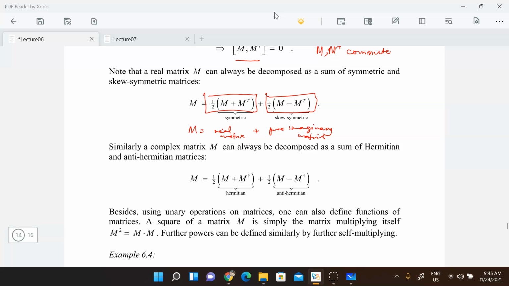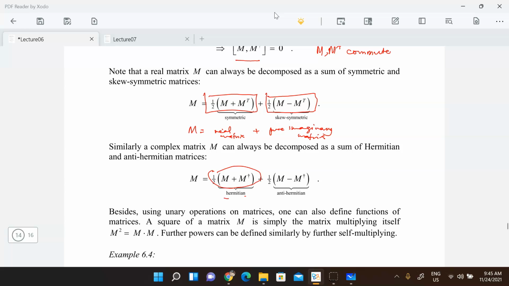We have the adjoint, or the Hermitian conjugate, they call it. So if you have a matrix with complex entries, one can always define it in terms of a Hermitian matrix. So this is a Hermitian matrix over here.